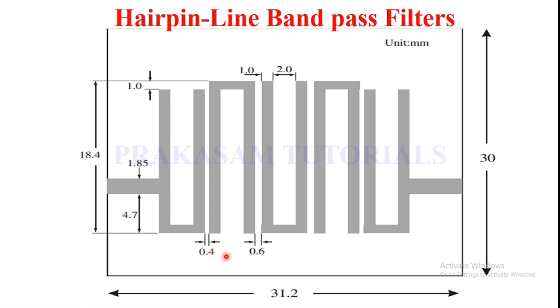And this is a 5 pole hairpin line. First pin, second pin, third pin, fourth pin, fifth pin. And this pin and this pin both are the same, and this pin and this pin both are the same. Next draw this pin. And the spacing between these two pins is 0.4.